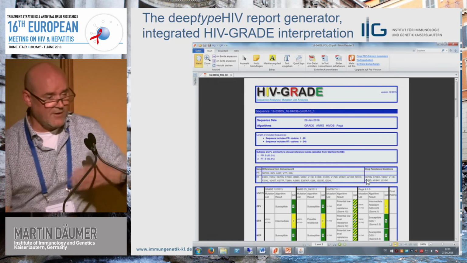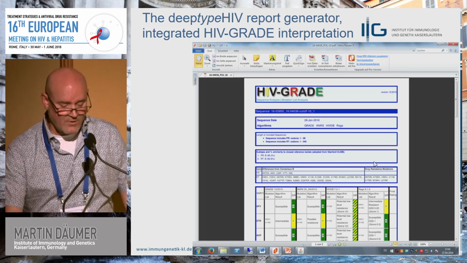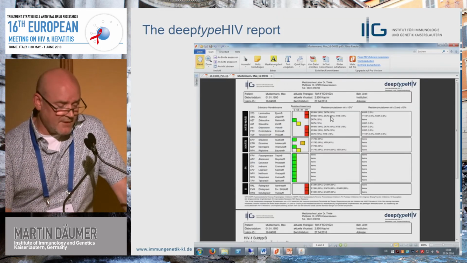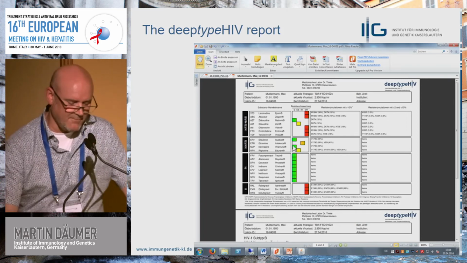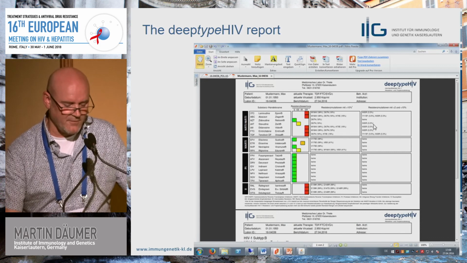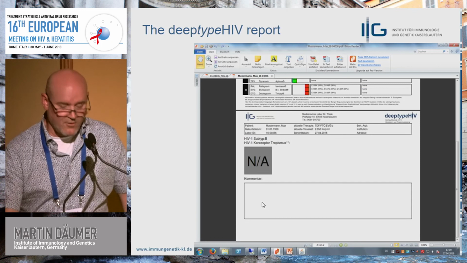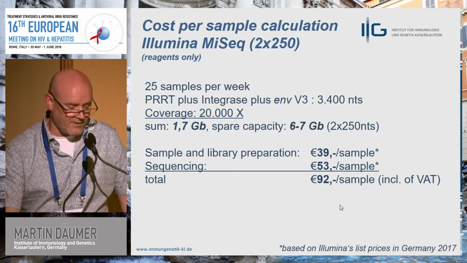So they can look at different interpretation cutoffs directly from the program. Which will end up in our report, showing this tiny colored bar, once again with the information on the mutation frequencies, and of course there's space for comments, especially when you detect minor variants.